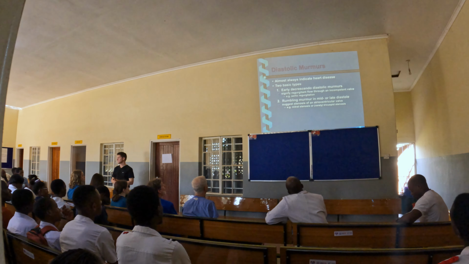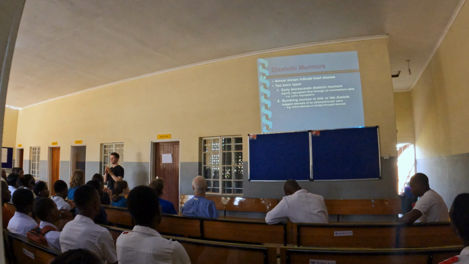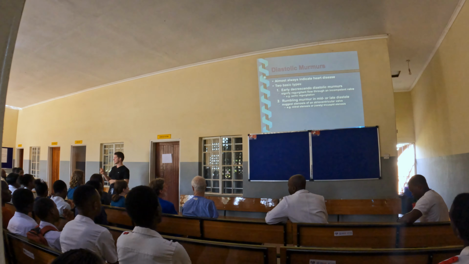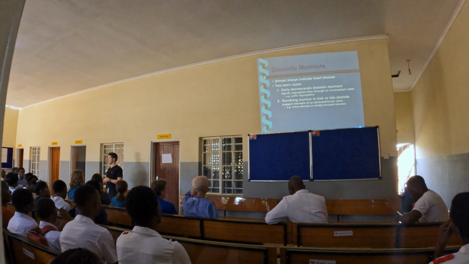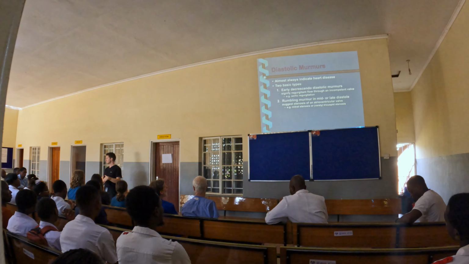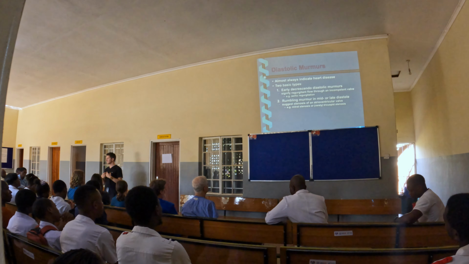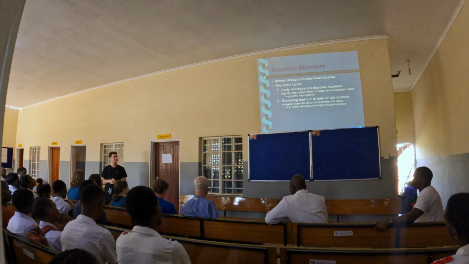The diastolic murmurs, these tend to be early and fast and are always problematic. This generally represents blood flowing in a direction that it should not. So it's either blood going from the aorta back into the heart, or from the lungs back into the heart. These tend to tell you that there's a problem with a valve, either the aortic valve or the pulmonic valve, and it's letting blood flow go back in the direction that it should not.